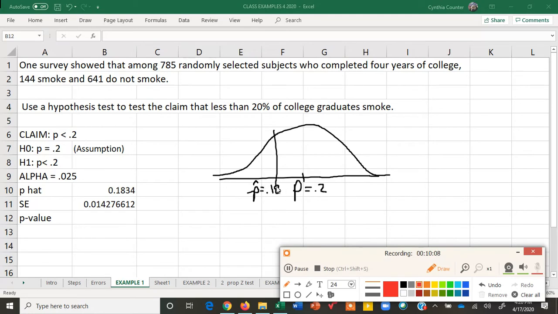So the 0.18 defines this left tail, and the area of that left tail is what we call our p-value.